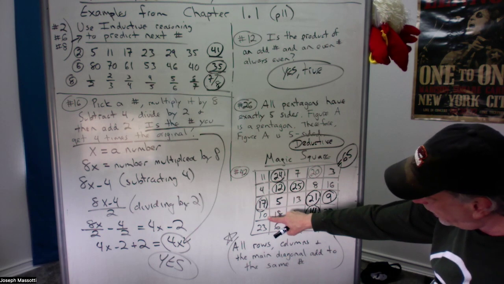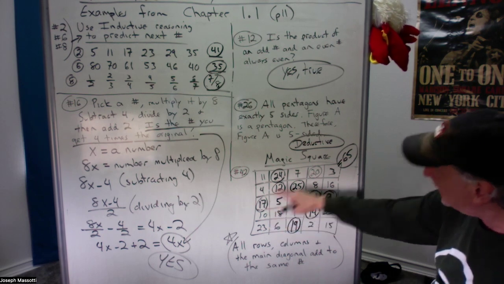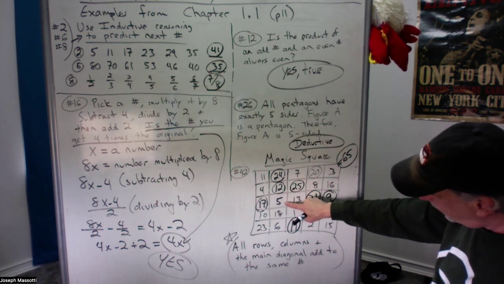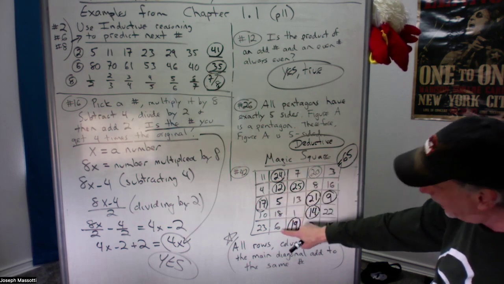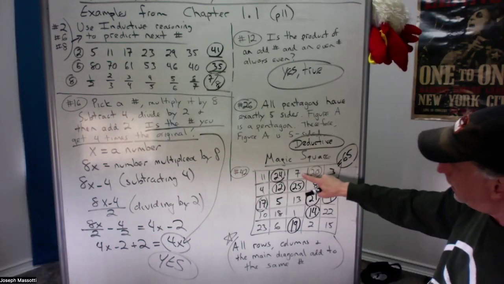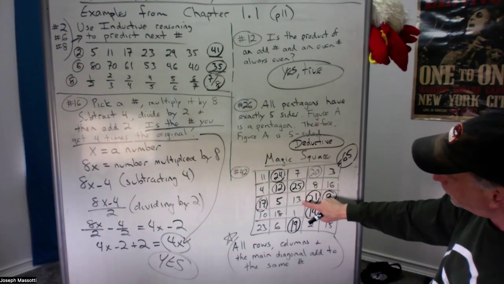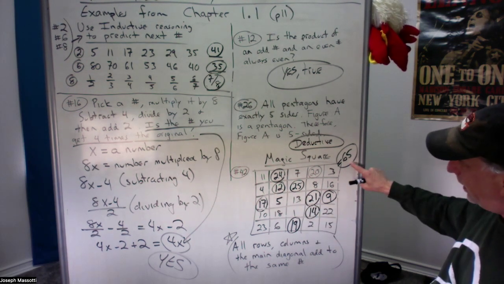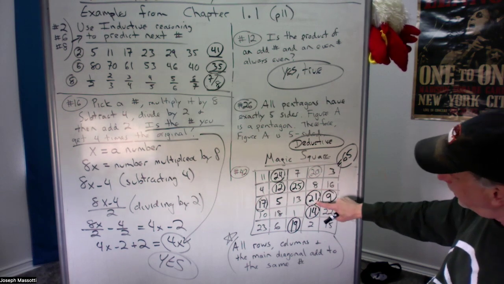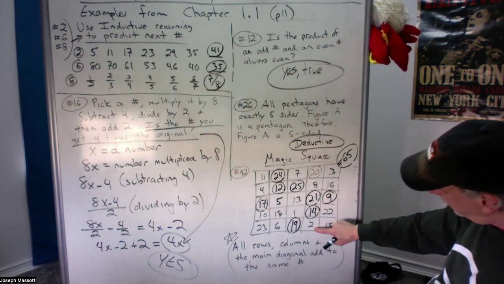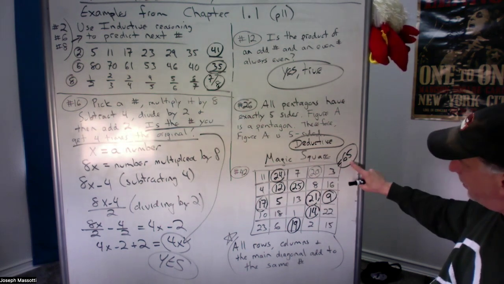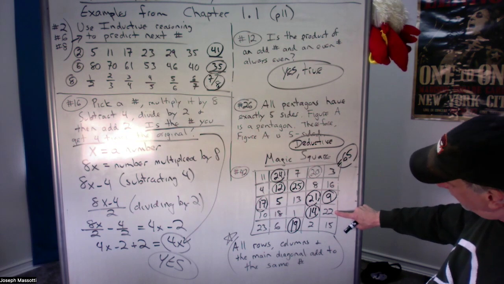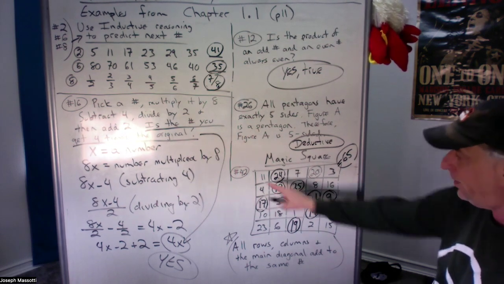15, 25, 48, and 17 gives us 65. 24, 36, 41, 59, and 6 equals 65. 7, 32, 45, 46, and 19 equals 65. 20, 28, 49, 51, and 14, 65. 3, 19, 28, 50, and 15, 65.